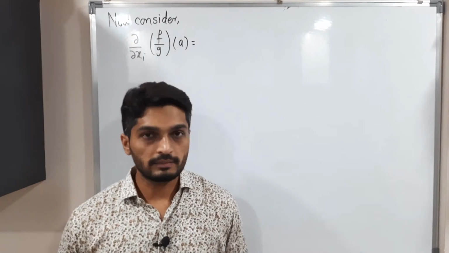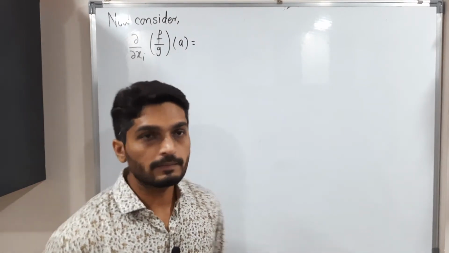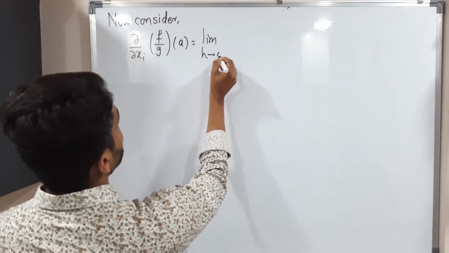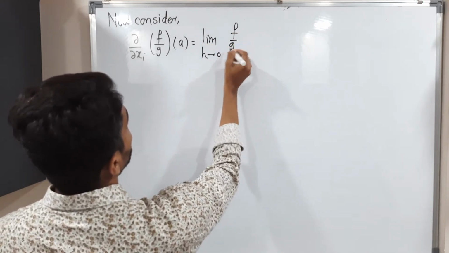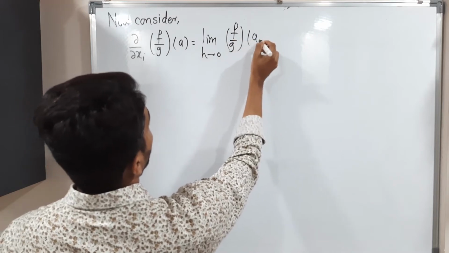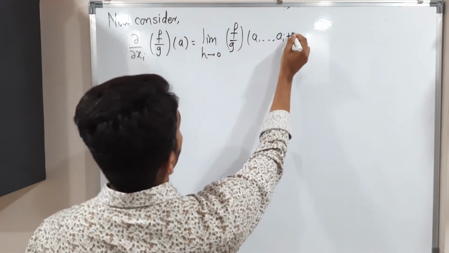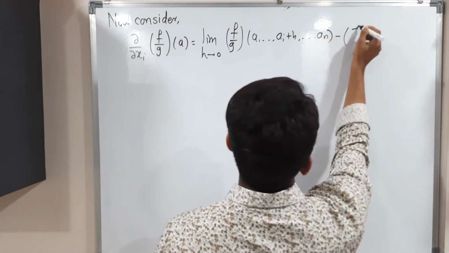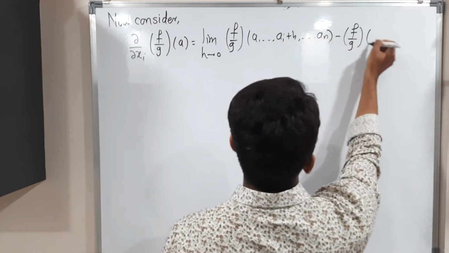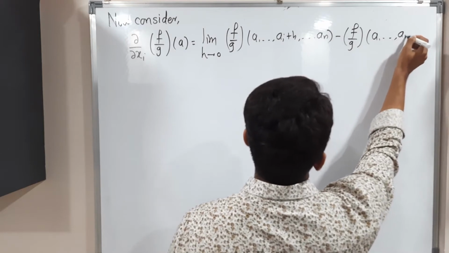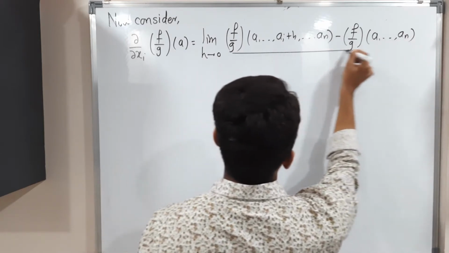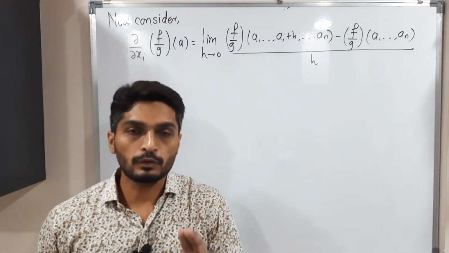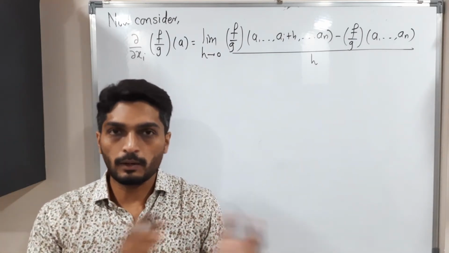Let us start with the left hand side. We'll follow the definition. Definition says this is limit h tends to 0 of [(f upon g)(a1, a2, and so on, ai plus h, and so on, an) minus (f upon g)(a1, a2, and so on, an)] divided by h. If there is a product of two functions, we operate separately.